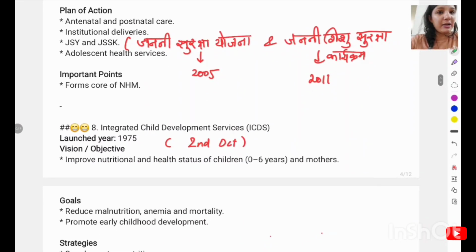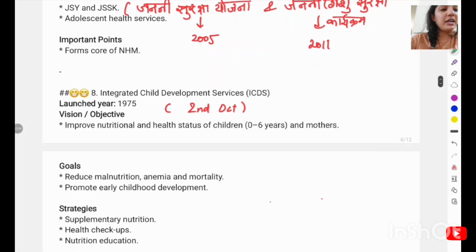Institutional deliveries are promoted. JSY and JSSK, meaning Janani Suraksha Yojana. It can come in MCQ. Okay, Janani Suraksha Yojana is 2005, and Janani Shishu Suraksha Karyakram is 2011. Then adolescent health programs are given. Important point: it is under the norms of the NHM, that is National Health Mission.